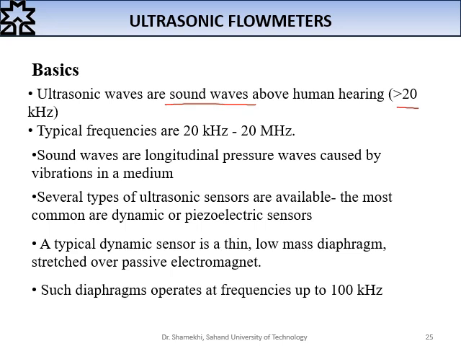Several types of ultrasonic sensors are available. The most common are dynamic or piezoelectric sensors. A typical dynamic sensor is a thin, low-mass diaphragm stretched over a passive electromagnet. Such diaphragms operate at frequencies up to 100 kilohertz.